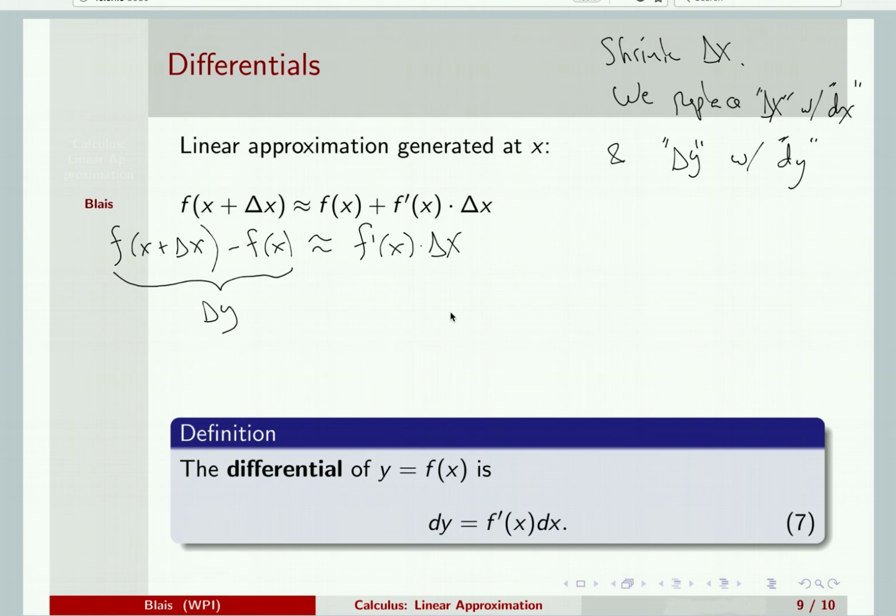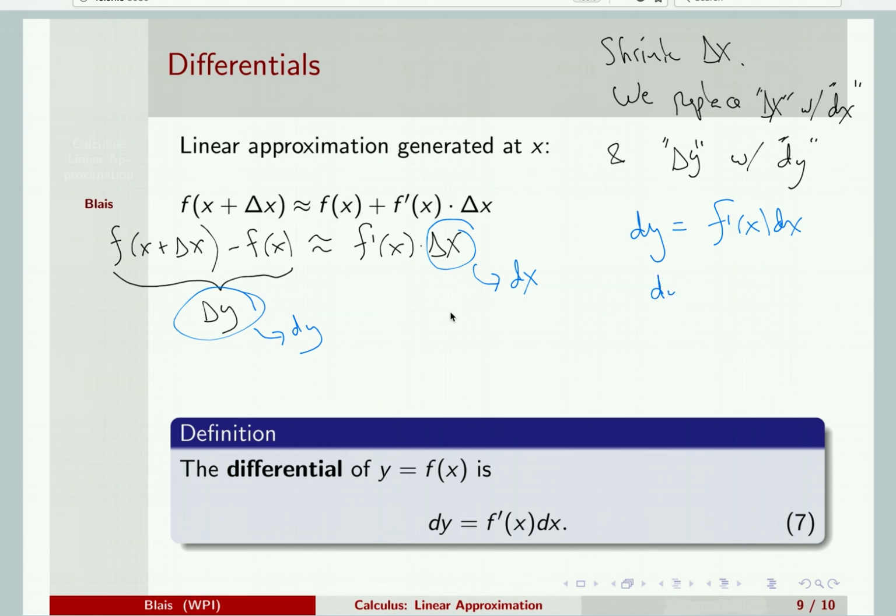So this delta y will become dy, and this delta x becomes dx. So think in a limiting sense, shrinking these down to something infinitesimal. And the result is that we have dy equals f prime of x dx.